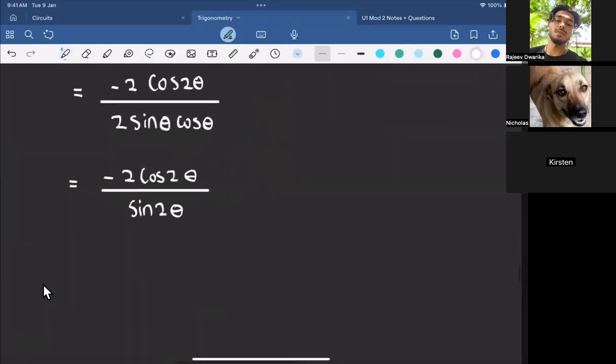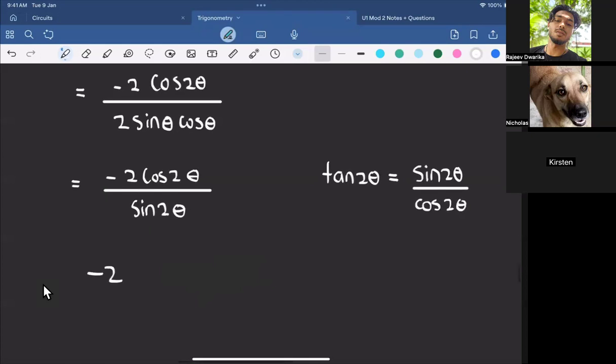So remind me, what is tan 2 theta? I could write tan 2 theta as sine 2 theta over cos 2 theta. But instead, what we have is minus 2 cos 2 theta over sine 2 theta. I could pull out that minus 2, so it's just cos 2 theta over sine 2 theta.